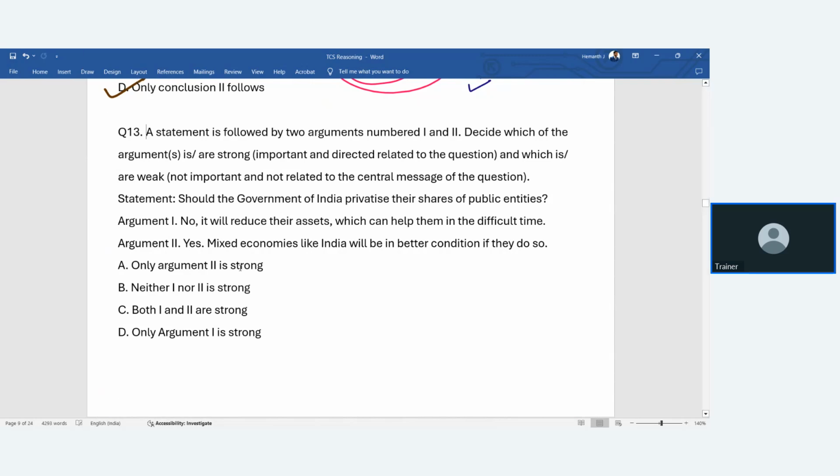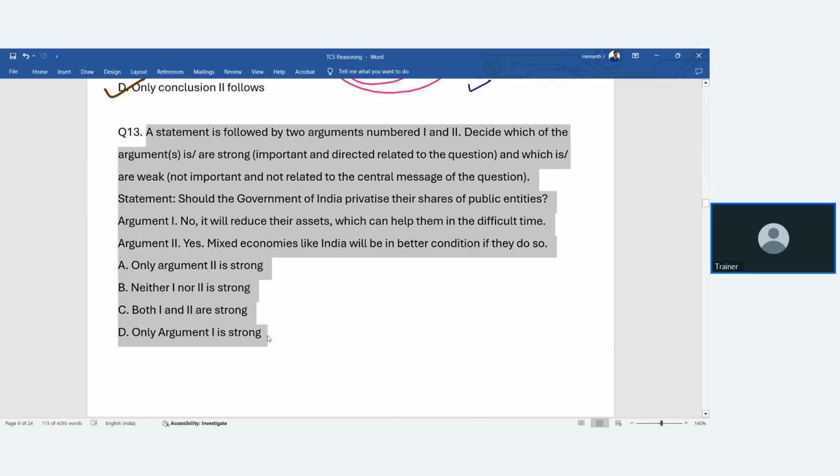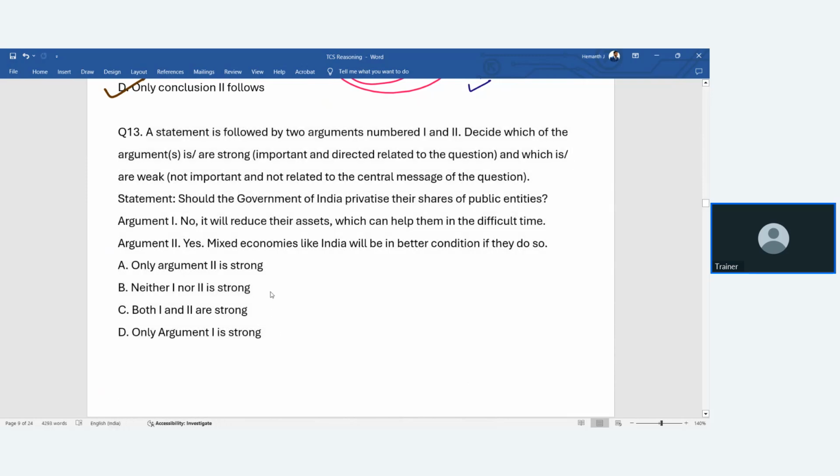So guys, see, is it okay? Which one do you feel is strong? Both have given reasons, but which reason is correct? The reason should be valid. Should the government of India privatize their shares of public entities?